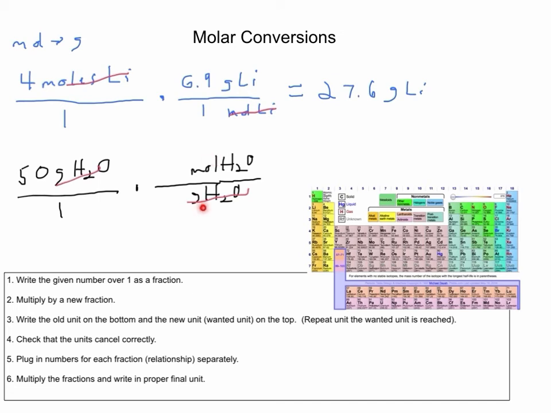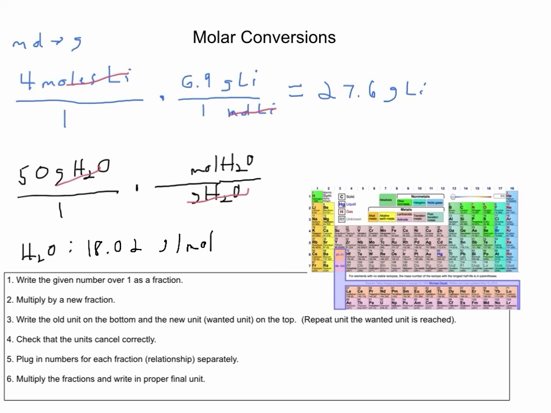We have moles and grams in the same fraction, meaning we must use the molar mass. The molar mass of water is, well, hydrogen is 1.01, but we have 2 of them, so 2.02 plus 16 gives us 18.02 grams per mole.